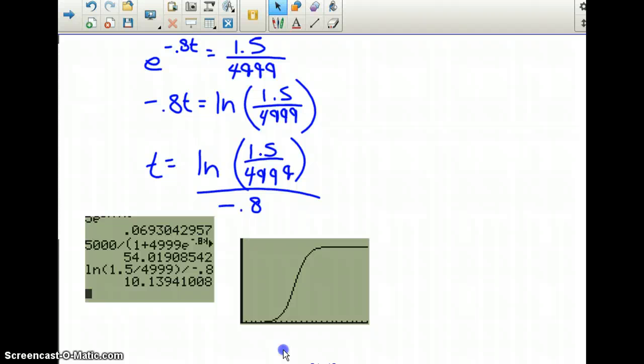And then after a little while, it shoots up really, really fast until it gets to the point where you have almost everyone or everyone on the campus infected with the flu. So that's a logistic model. Exponential growth, exponential decay, and logistic models are the ones that we are the most likely to be addressing in this class because they are the ones that happen the most frequently in nature.